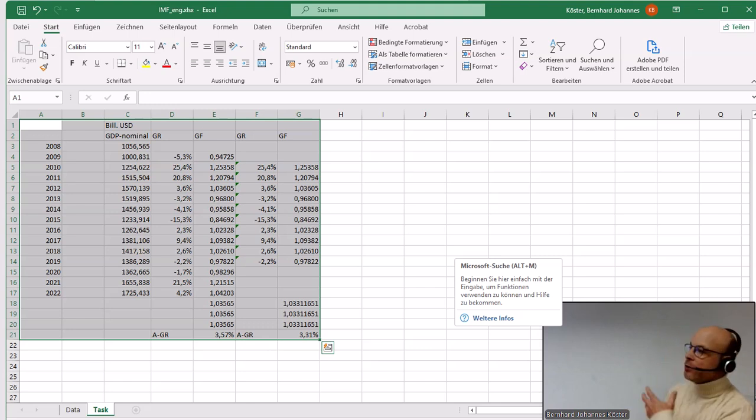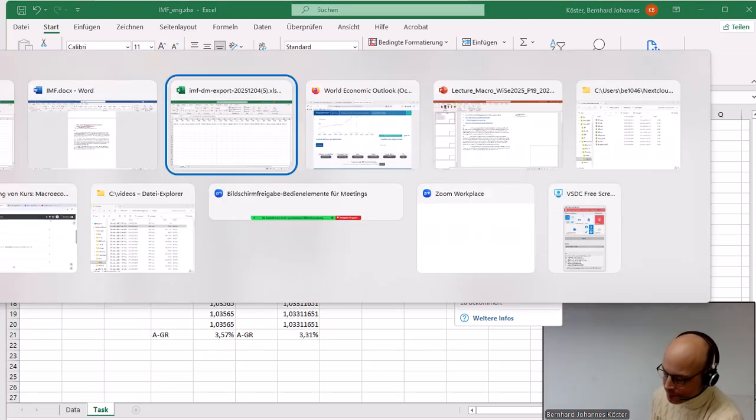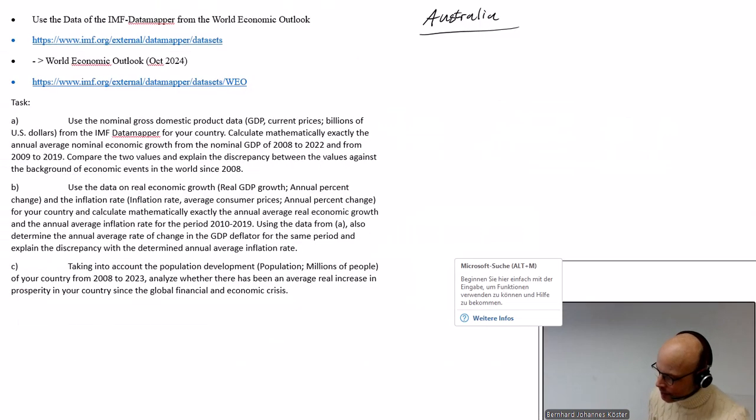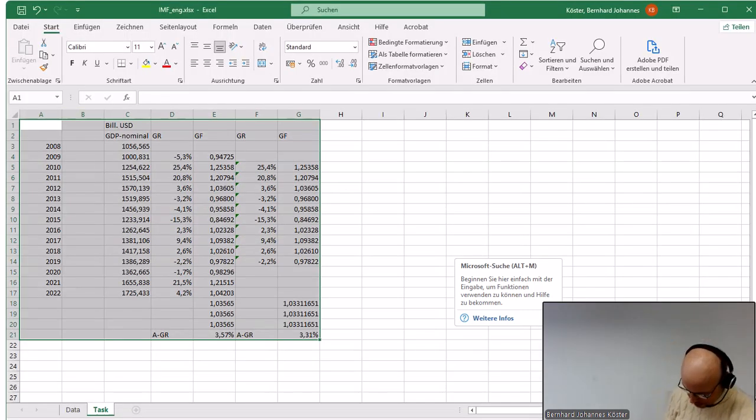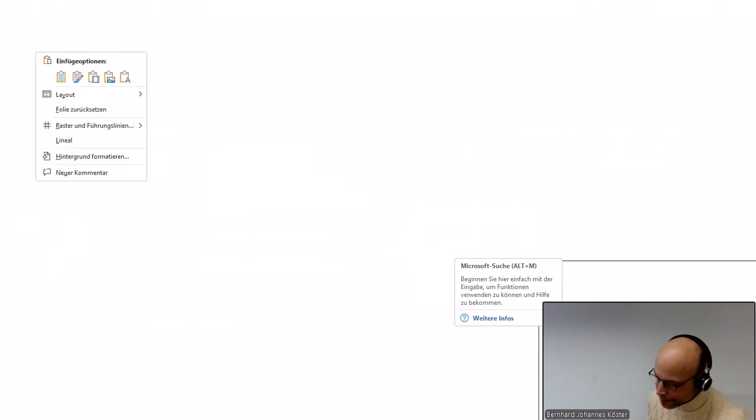And then if you have done this in Excel, you can just copy what you have done, and then maybe it looks later on like this. Oops, this hasn't functioned. Copying.